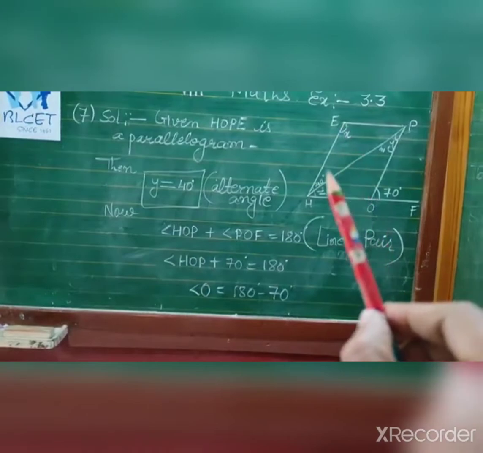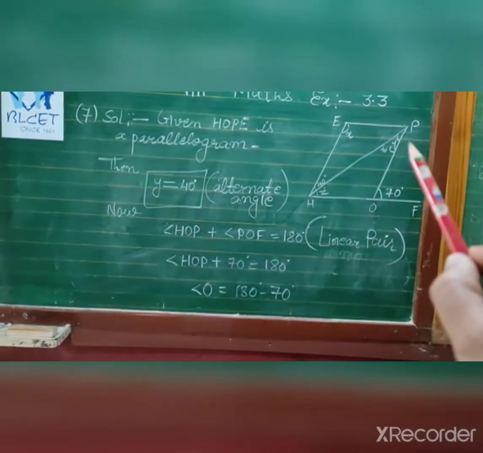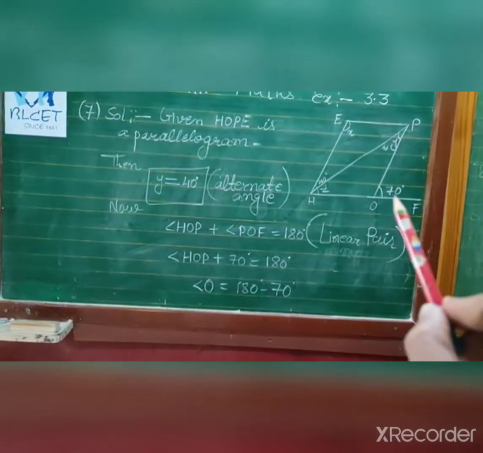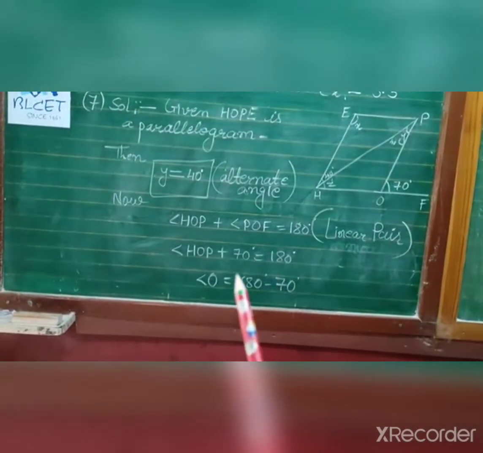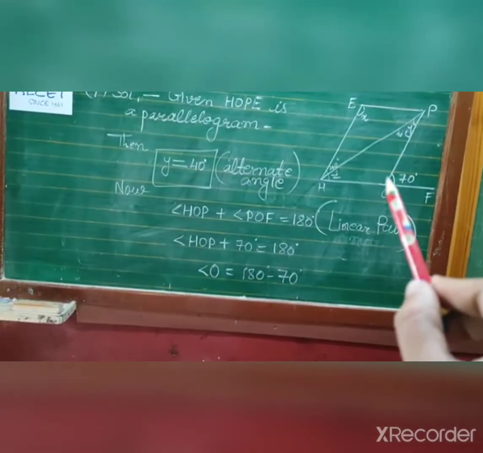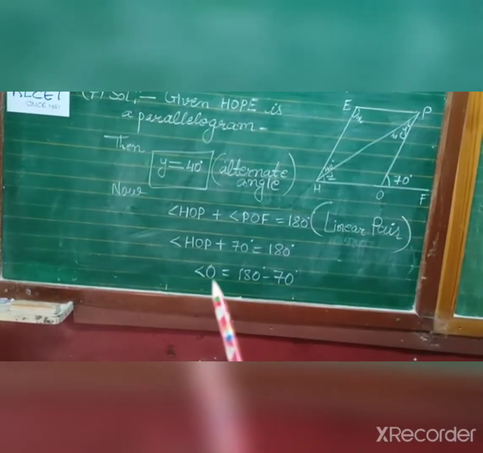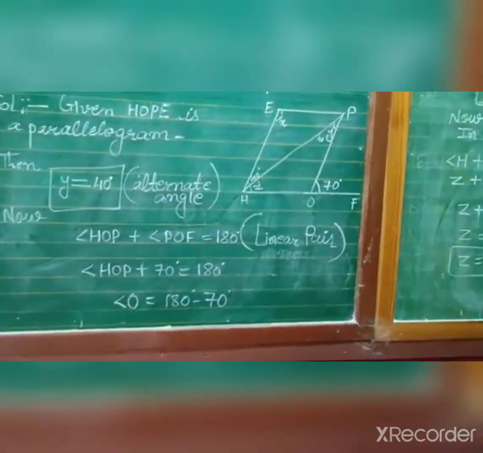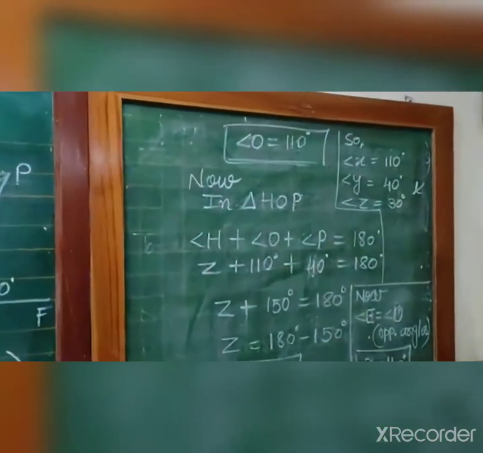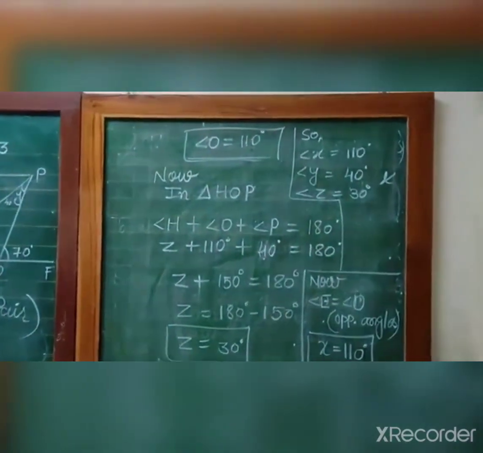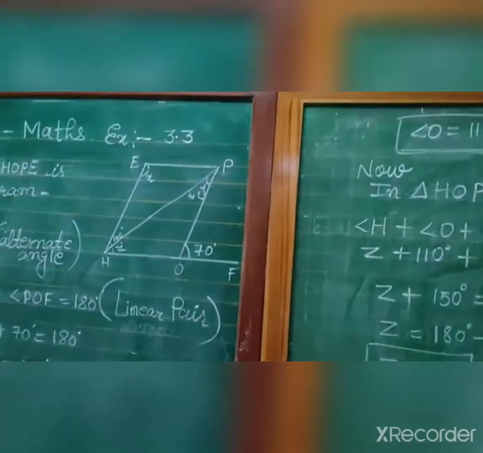So HOP plus POF, exterior angle is already given, 70 degree. So angle O, you can see HOP as angle O, is equal to 180 minus 70 degree. That means angle O will be 110.